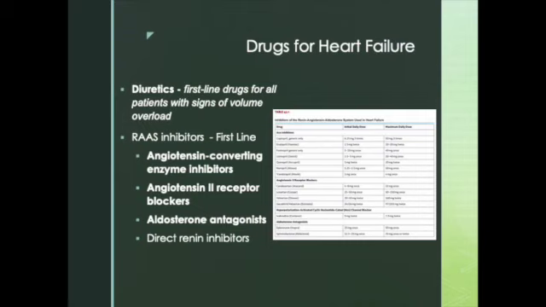So what I'm saying is, if you're already on the standard care of ACE inhibitors and beta blockers, and it's still not working, you can add aldosterone antagonists. These are going to work by blocking aldosterone receptors in the heart and the blood vessels.